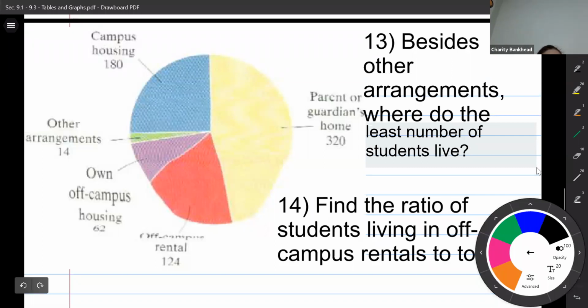All right, so for a particular campus, it's showing how many students have what type of housing. So besides other arrangements, where do the least number of students live? So that would be own off-campus housing.